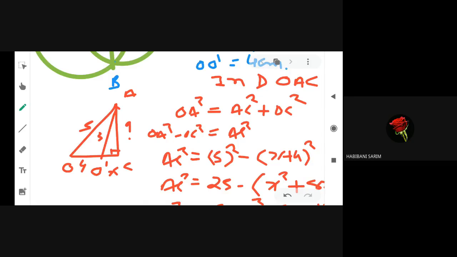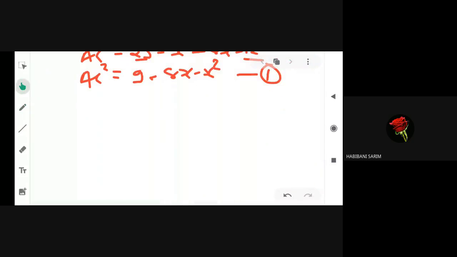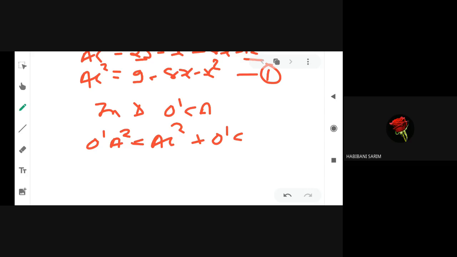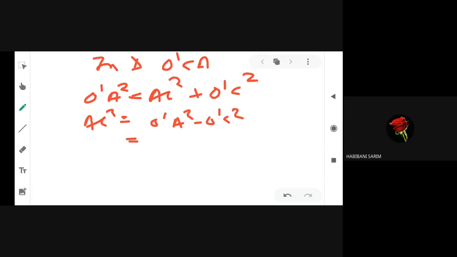Now if we want to apply the Pythagoras theorem again in triangle O prime CA, we can write that O prime A whole square is equal to AC square plus O prime C square. We have to find AC square, so O prime A square minus O prime C square. What is O prime A square? Tell me.